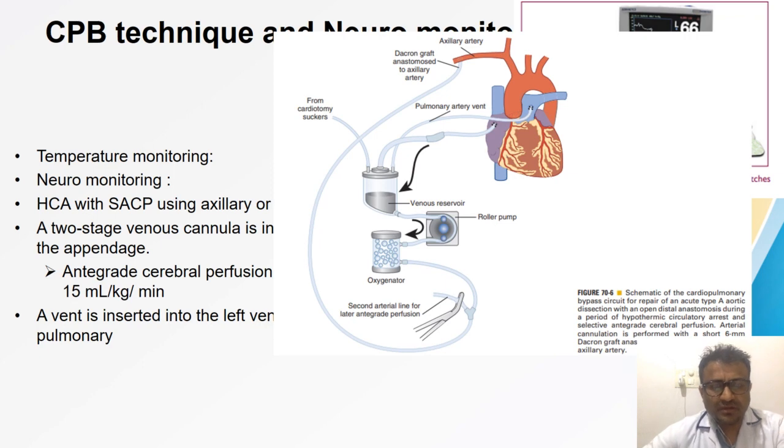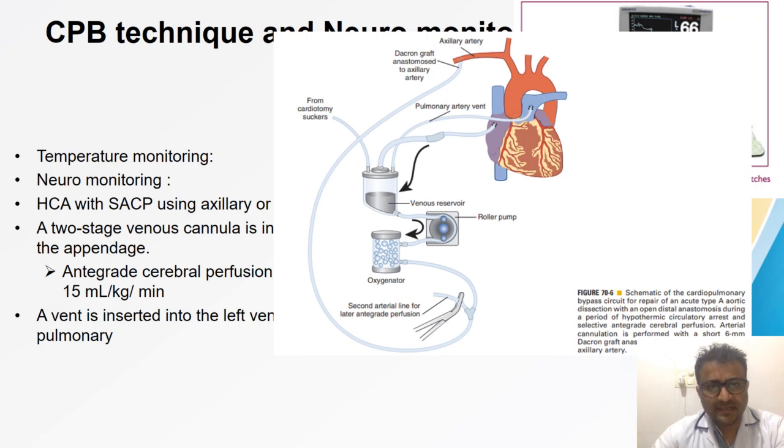This is the pictorial diagram showing the CPB technique. Here for venous drainage, the two-stage venous cannula is inserted into the right atrium. The right axillary or innominate artery can be cannulated for selective antegrade cerebral perfusion, and the patient can be taken on bypass, and gradually put on hypothermic circulatory arrest, and the distal anastomosis is performed.